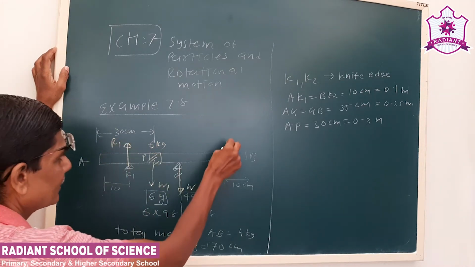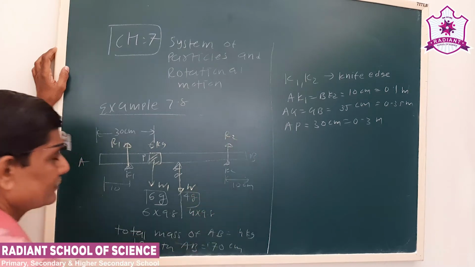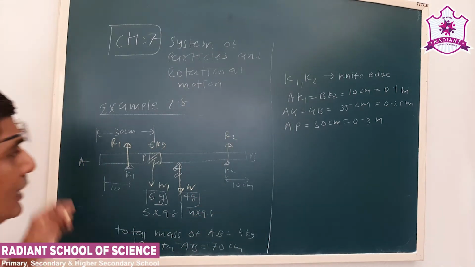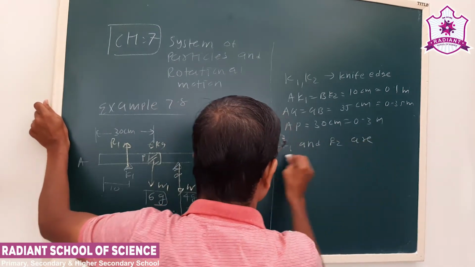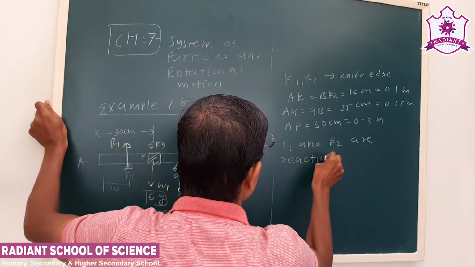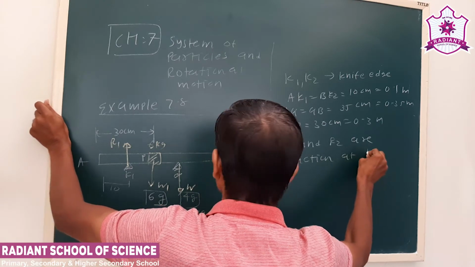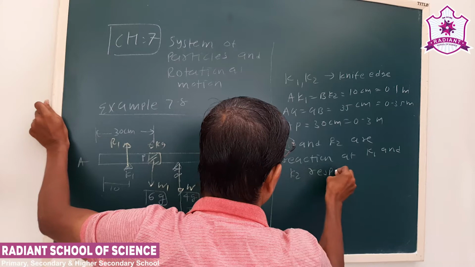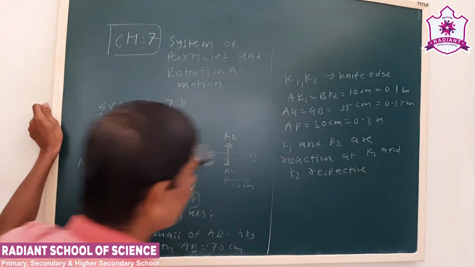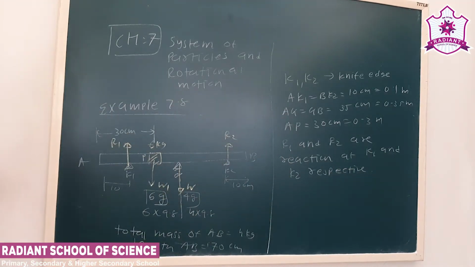Let us say R1 and R2 are the reactions at K1 and K2 respectively. So this is the data we have to use.